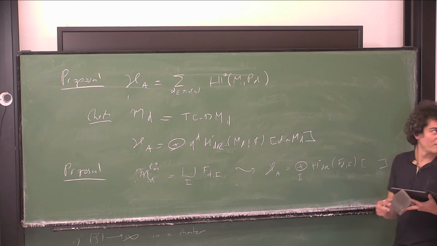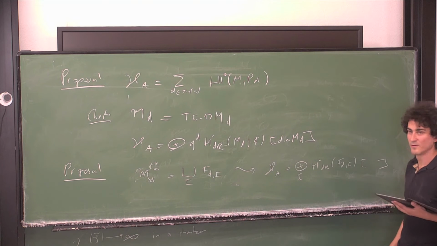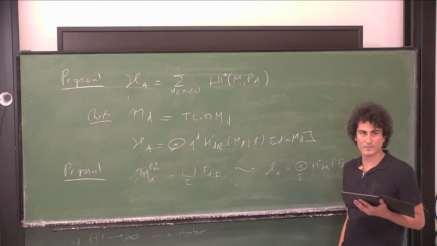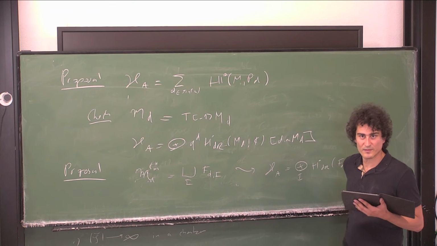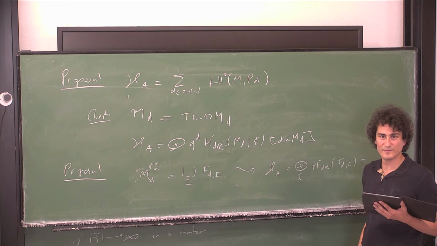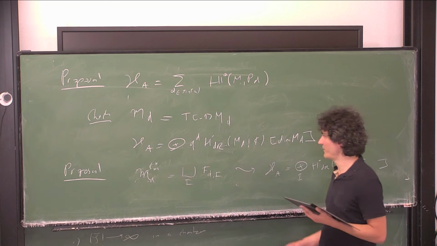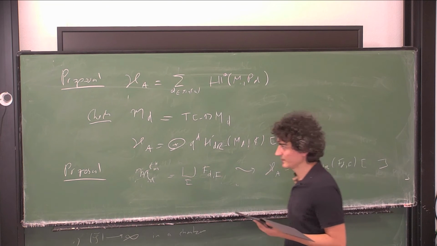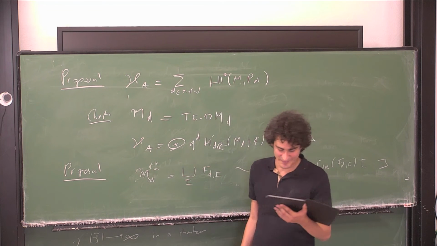So there was this extra flavor parameter, and so he's got an extra action around. He's not saying that's the same as the original cohomology. He's saying that's his proposal for the cohomology in the presence of a mass parameter. Oh, I see. Yeah, sorry, I'm rushing a little bit, maybe.